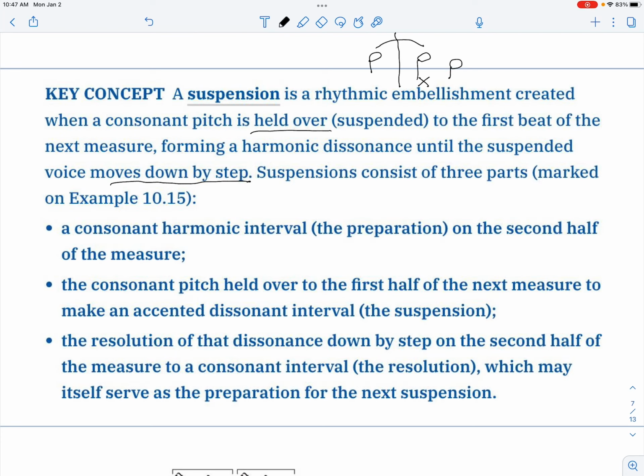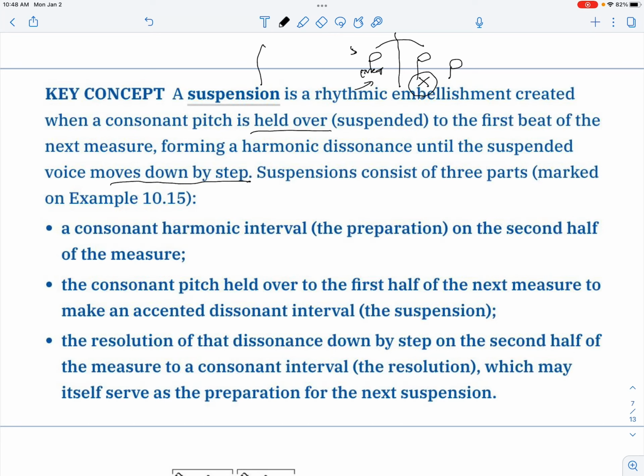So suspension consists of 3 parts, like the passing tone and neighbor tone. A consonant harmonic interval here is the preparation, and that usually happens on the weaker beat, the second half of the measure. It is held over when the lower part changes notes and it becomes a dissonance.